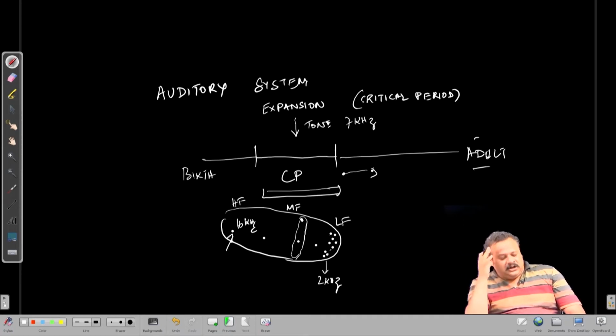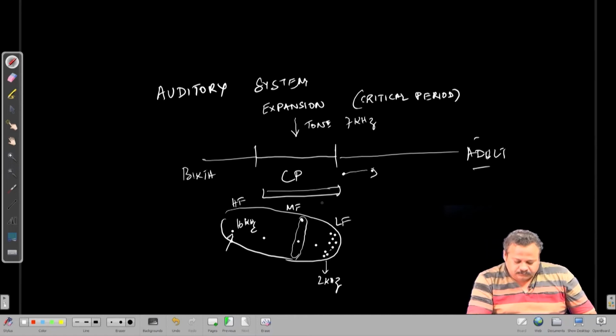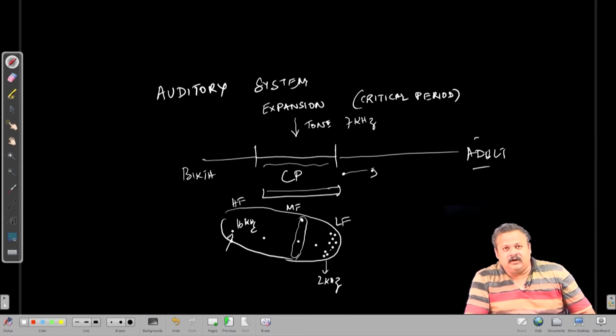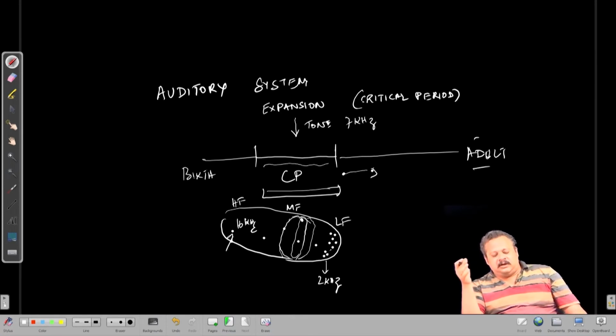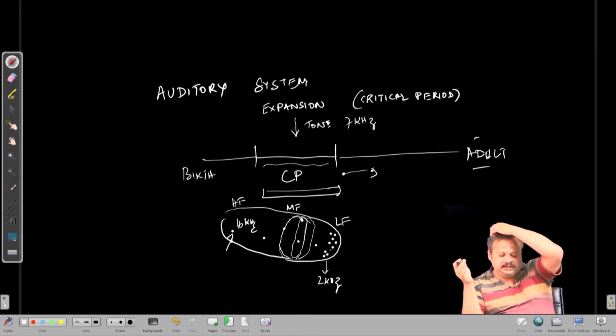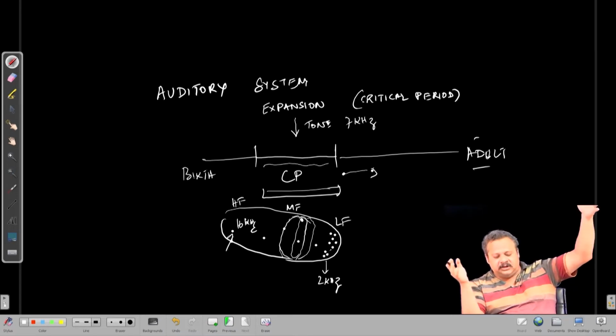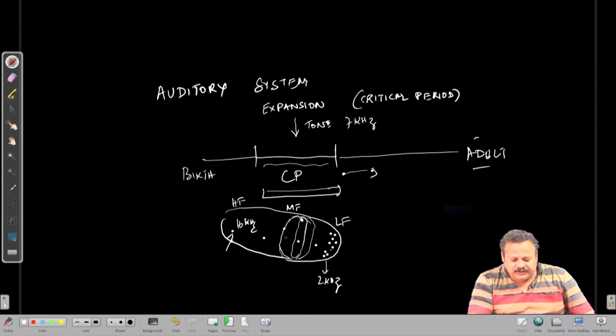in that region, a majority of them. Now, when this 7 kilohertz is presented during the critical period, then this 7 kilohertz region gets an expanded representation in the cortex. That is, the regions that were for neighboring frequencies like the 6 kilohertz or the 8 or 10 kilohertz, those regions are now devoted to the same 7 kilohertz frequency.